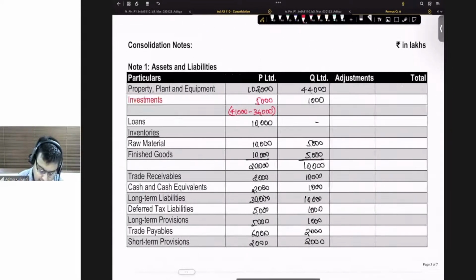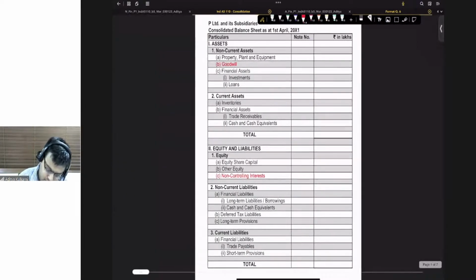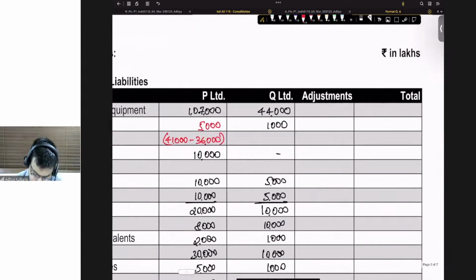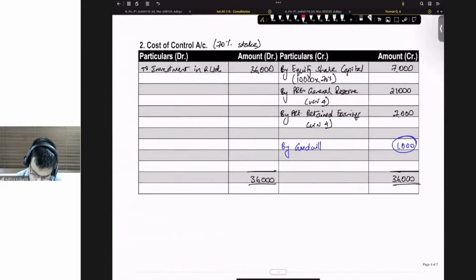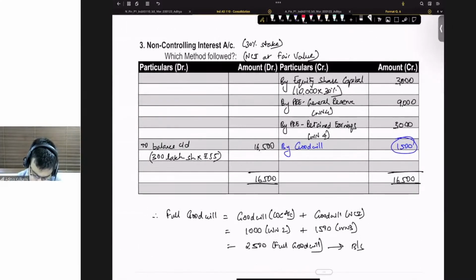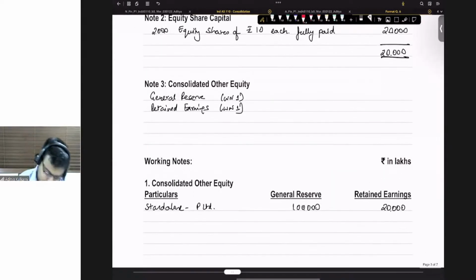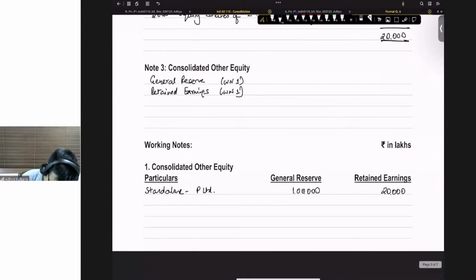So come to your balance sheet. Working note 3. Goodwill is appearing at 2,500. Okay. All done. So working note 2, working note 3 done. Working note 4, all my profits are pre-acquisition profits. So therefore, nothing is post.